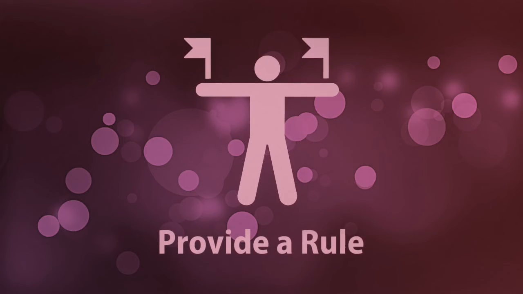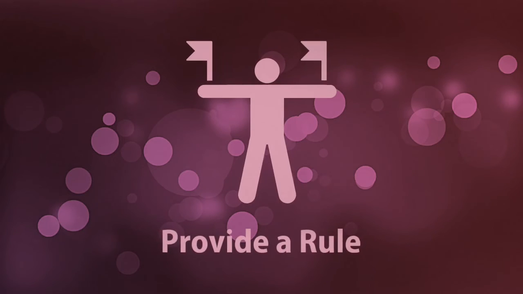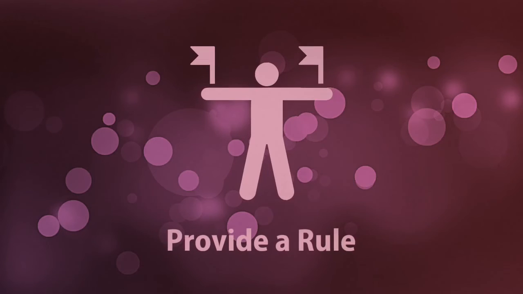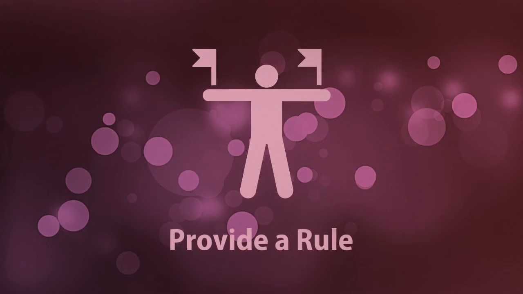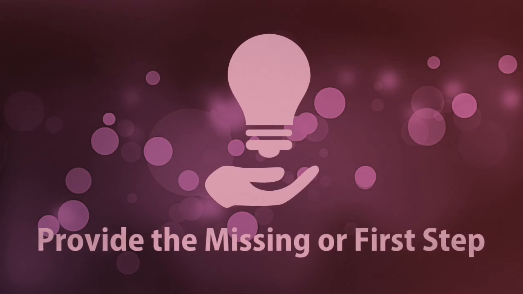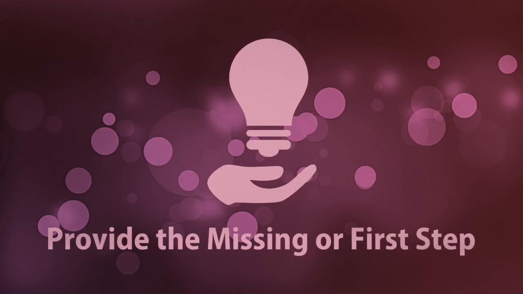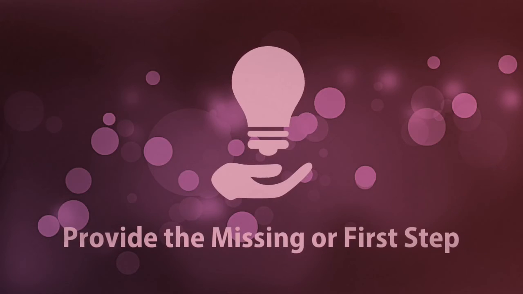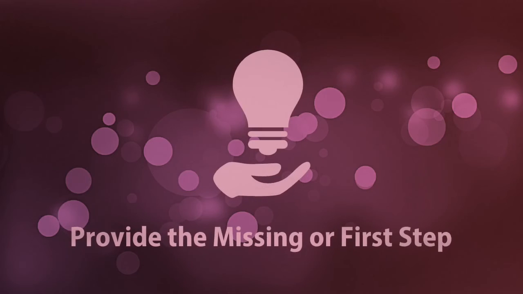For example, you might still remember the math rule PEMDAS: parentheses, exponents, multiplication, division, addition, subtraction. It's that simple. Sometimes all students need is a push in the right direction. They don't need a step-by-step tutorial, just the first or second step to get the ball rolling.